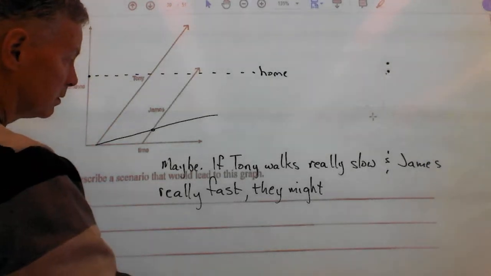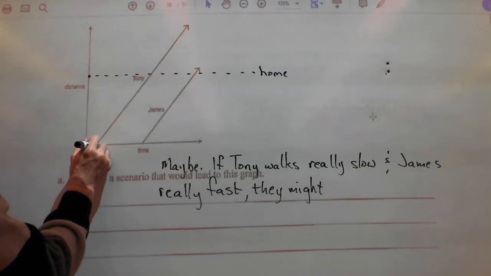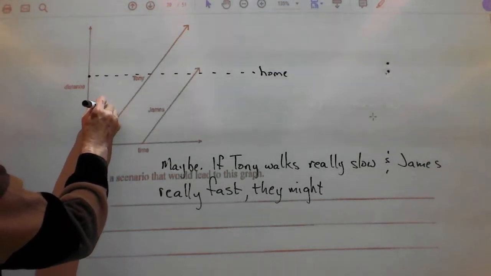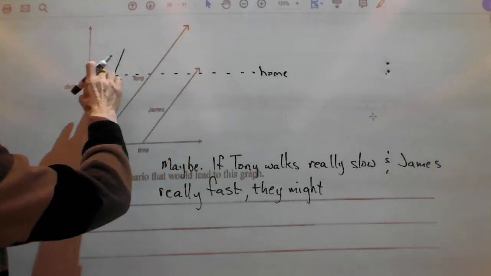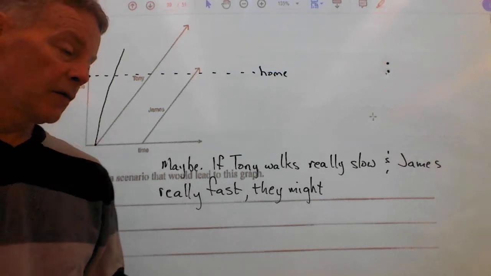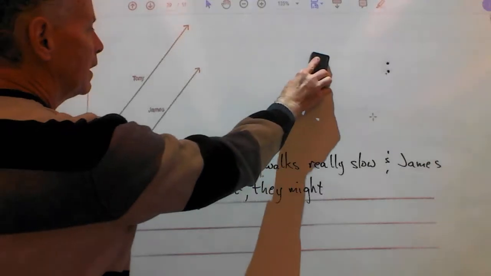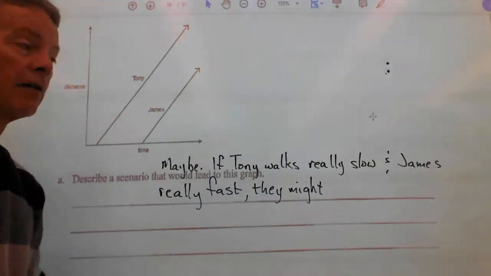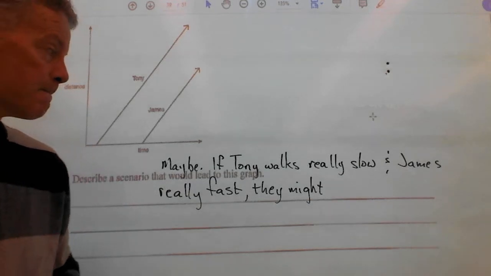However, if Tony walks really, really fast, remember that will be a steeper slope, then they'll never meet, okay? Their lines will never cross, okay? So it isn't a given that just because their lines have different slopes, they will necessarily meet, okay?